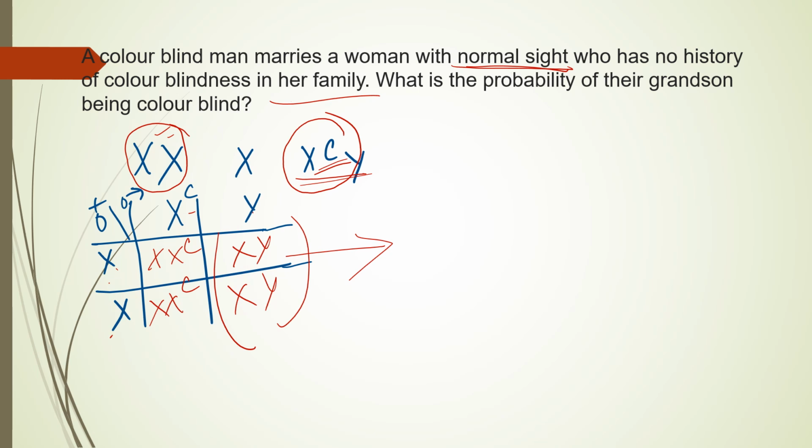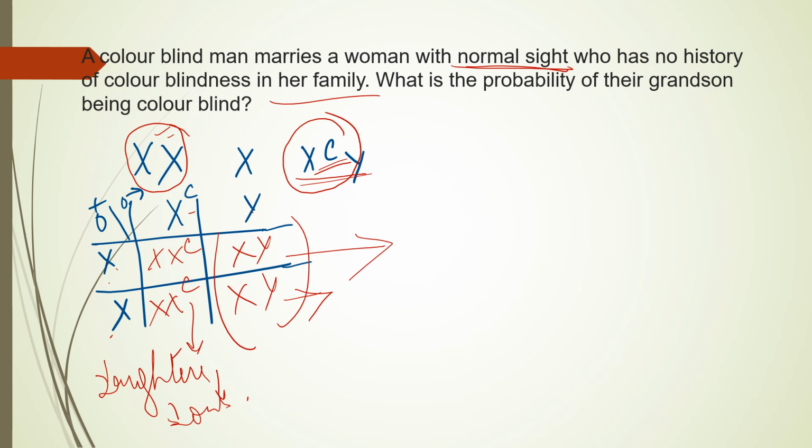Okay, if their daughters get married, and if their husbands have any carrier genes of color blindness, there is a 50% probability. But if the daughters are getting married to healthy individuals, there are chances of their sons being colorblind or carriers.